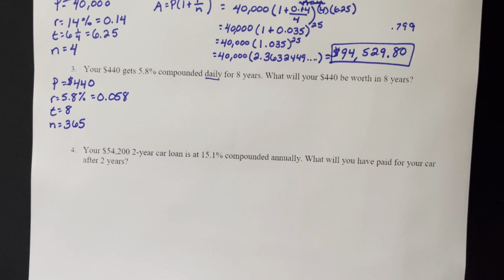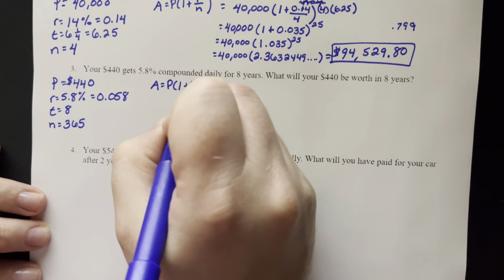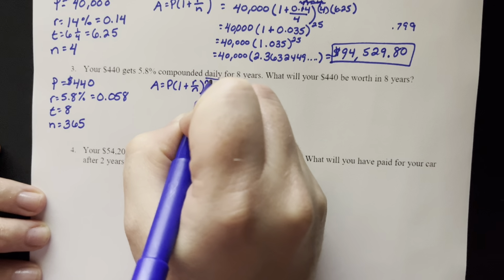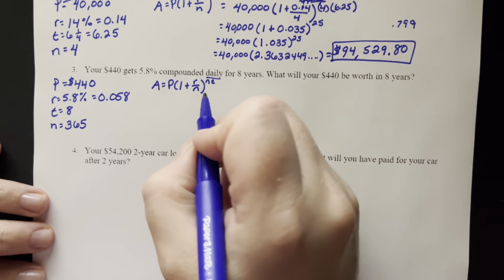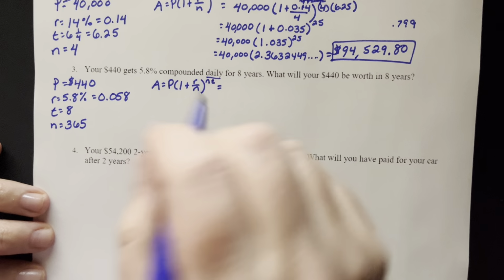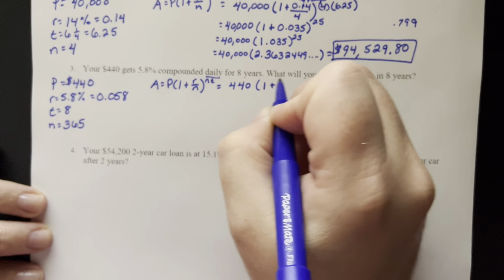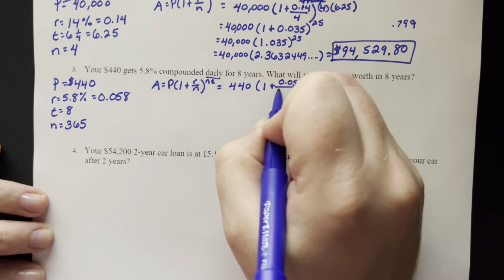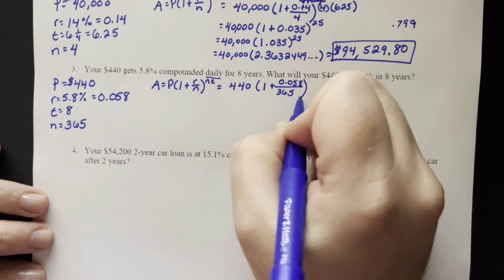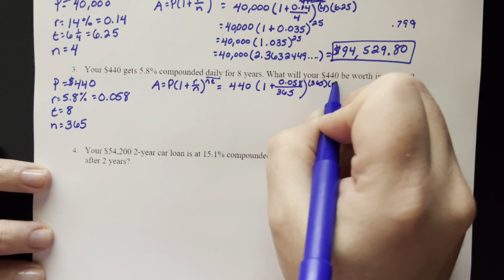So let's write out our formula. A equals P times 1 plus r over n to the nt. Substitute in our values. So 440 times 1 plus 0.058 divided by 365 to the 365 times 8.